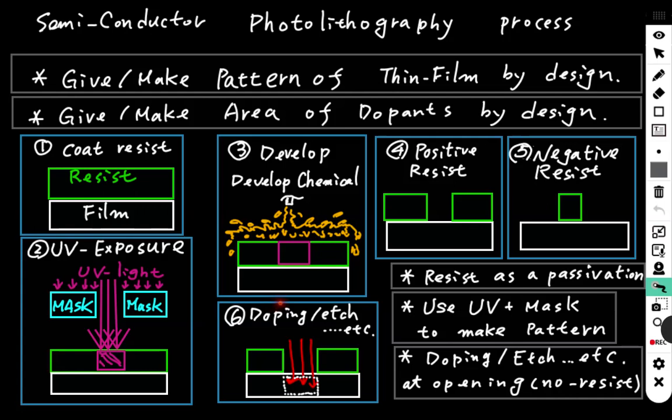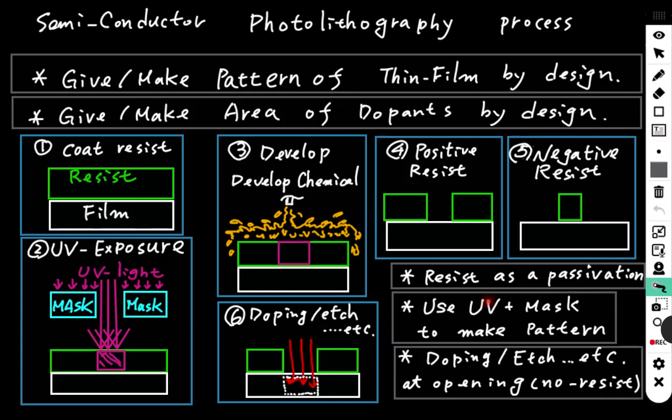We can do another process to the opening part of the film. We can make the film become a pattern as we like to design. So the resist is a preservation, a protection layer.